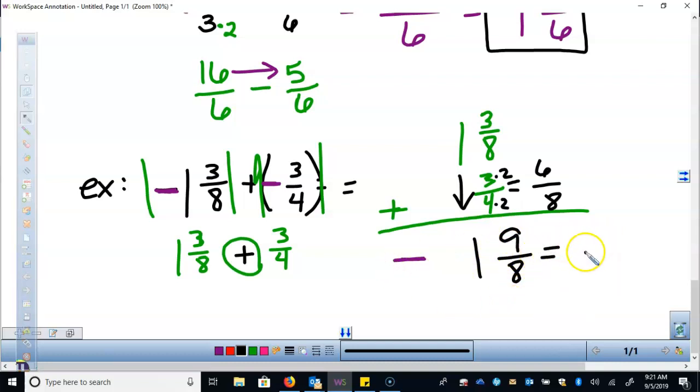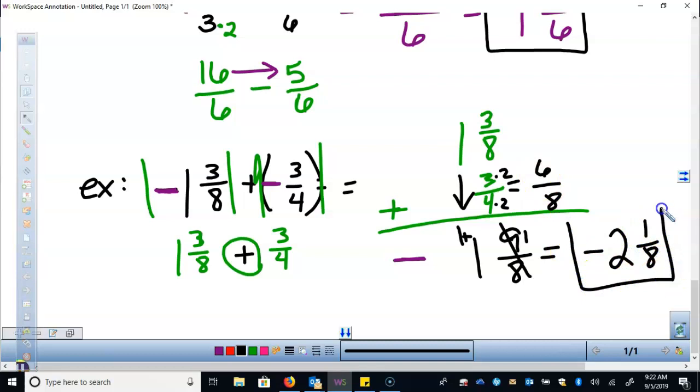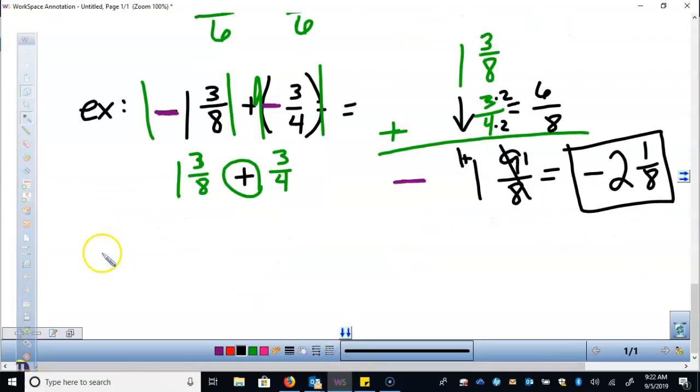Our answer is still going to be negative, so that continues. But 9/8 is actually 1 with 1 left over. 1 plus 1 gives us 2 total with 1/8 left. There you go.